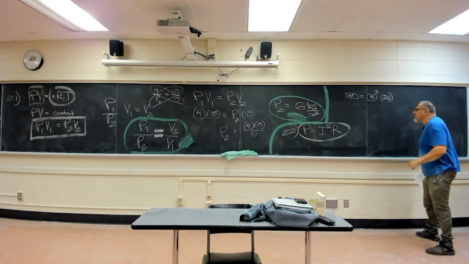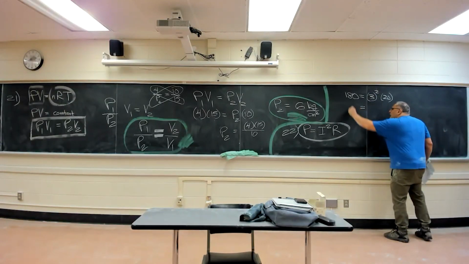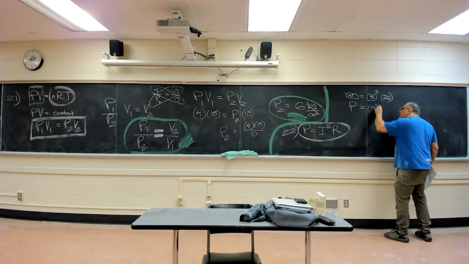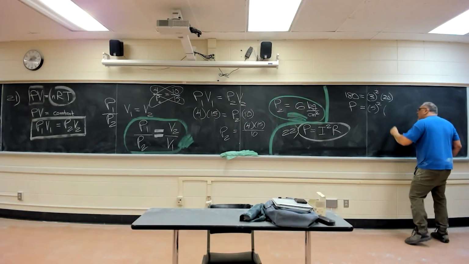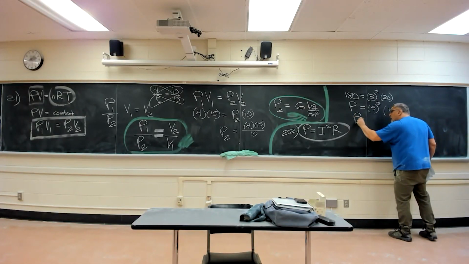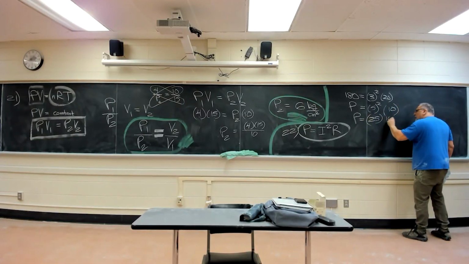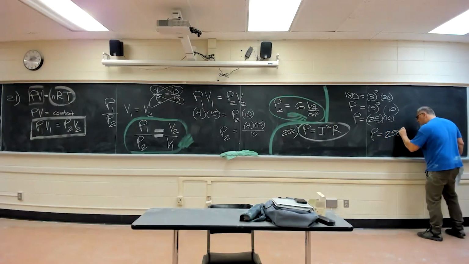Okay, that's pretty consistent. If that's the case, find what P is if the current is 5. If the current is 5 and the resistance is 10, square this, you get 25. That's 10. The P under consideration is 250 watts.